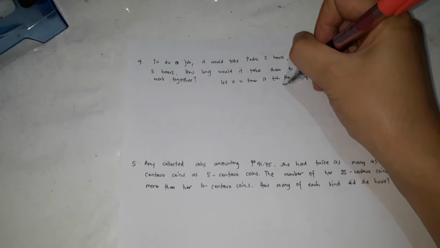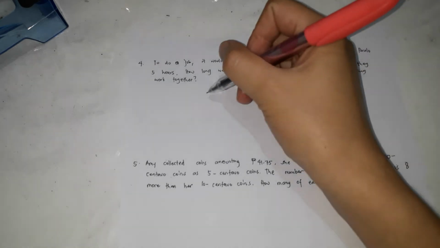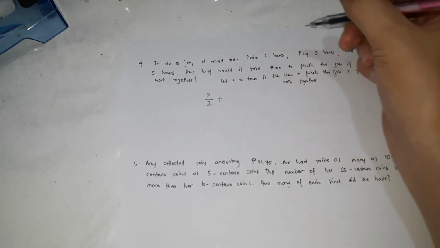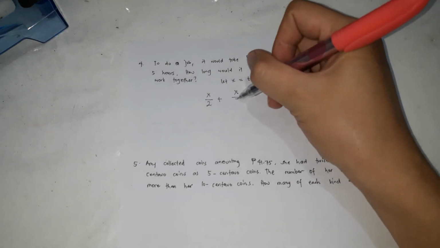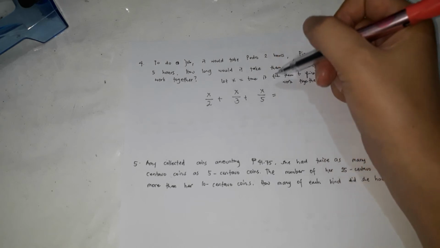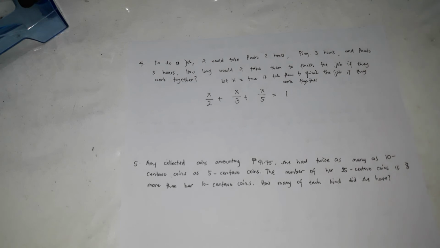So, matatapos nila sa x hours. To solve this one, all you have to do is x over 2 for Pedro, x over 3 for Ping, x over 5 kay Paolo, at saka kapag i-add mo silang lahat, ang trabaho niyan is nag-iisang trabaho lang.